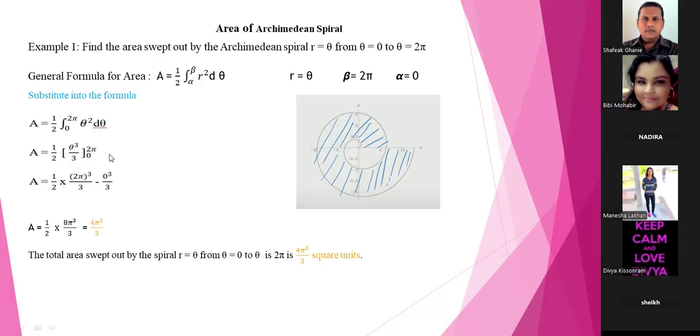Now this 0 over 3 will cancel out, so we're left with area is equal to half multiplied by 8 pi cubed divided by 3. That there will give us an answer of 4 pi cubed over 3, and that there will be our area. This here is the diagram. The shaded part here will be the area that we just found.